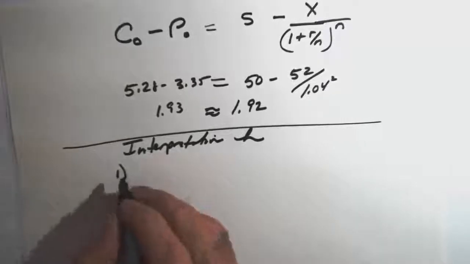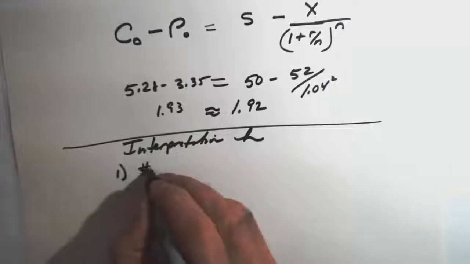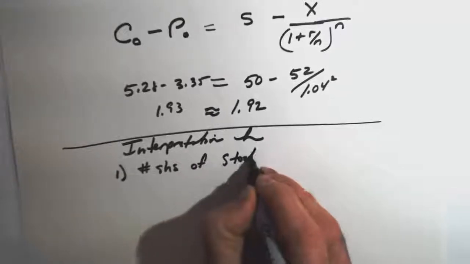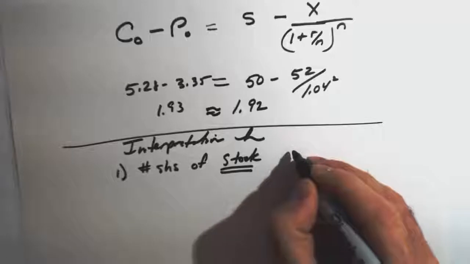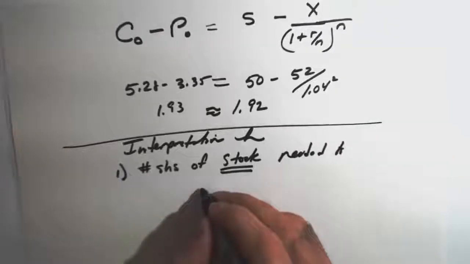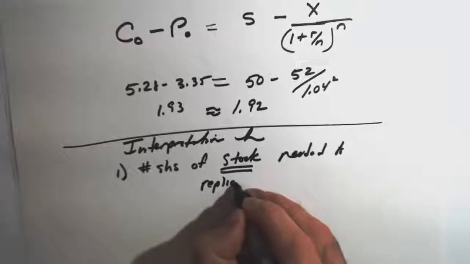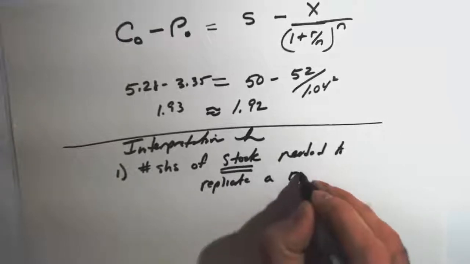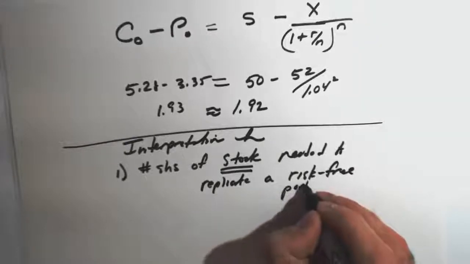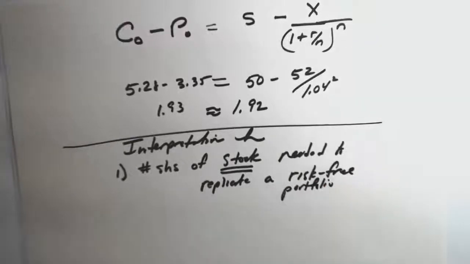So the first way is it's the number of shares of stock, in this case, needed to replicate a risk-free portfolio. So we created a risk-free portfolio with just the right number of shares of stock, H.